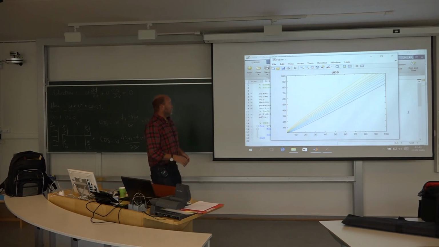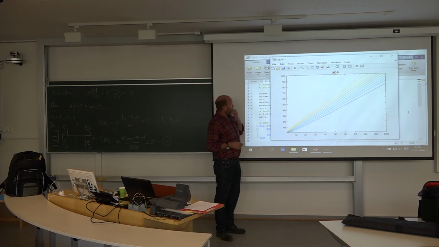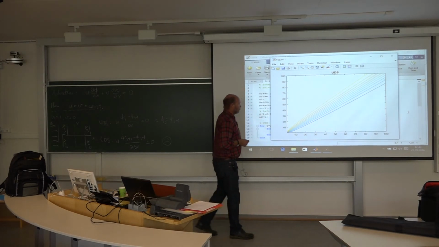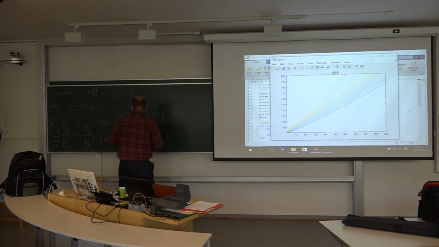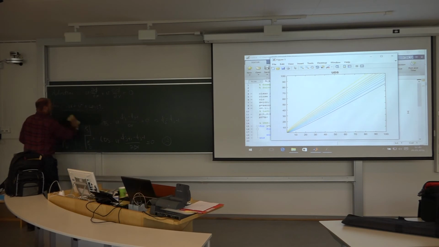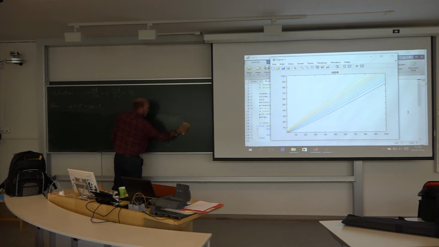So here is the solution from the upwind scheme. I have 100 by 100 cells. So yes, it can solve it. But the correct solution should have been the same as we had when the flow was going horizontally.